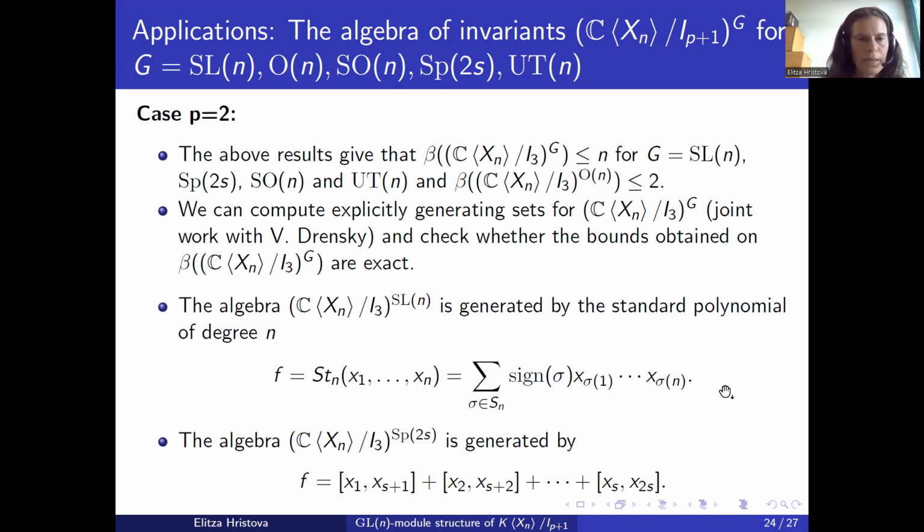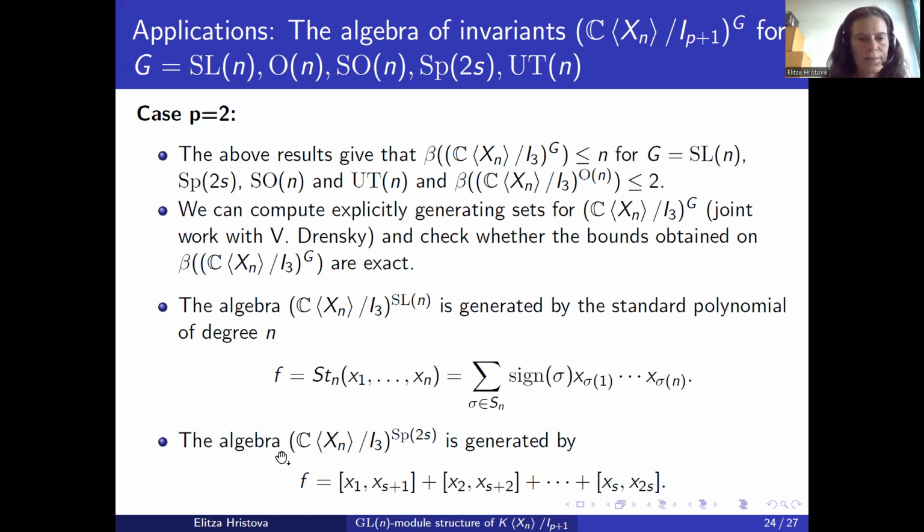When we consider the algebra of SL_n invariants, we have only one generator, the standard polynomial of degree n. So in this case, we have a generator of degree n, and the bound that we found in our previous statements is obtained.